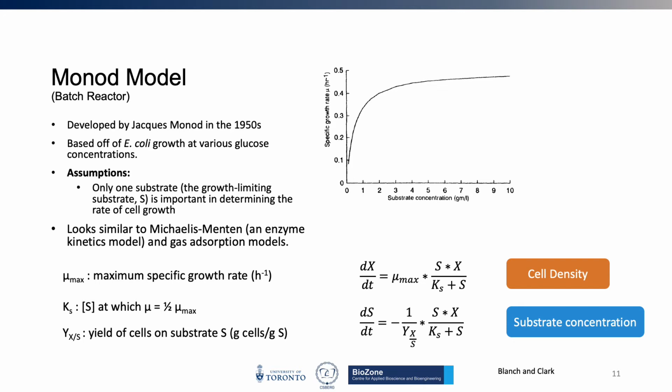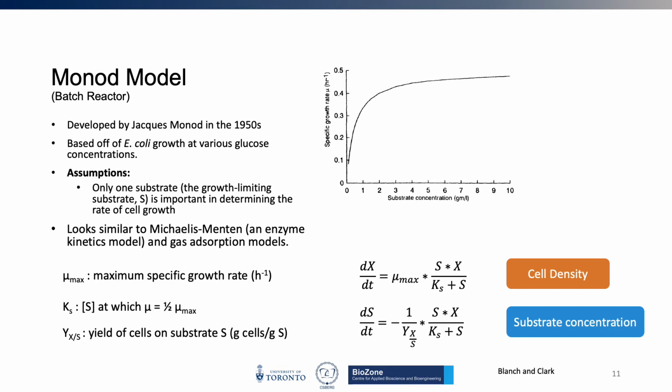We also have Y sub S, which is the yield of cells on substrate S, and the units are grams of cells per gram of substrate S. The cell density and substrate equations look as follows, and you can see how the Y sub S term factors into the dS by dt equation. The yield of cells on substrate determines how quickly the substrate is consumed for cell growth.